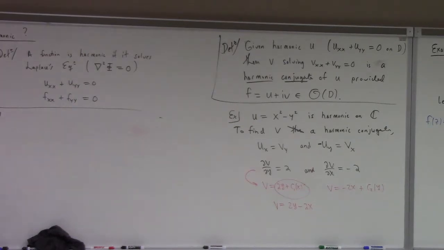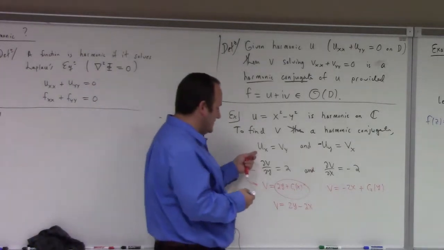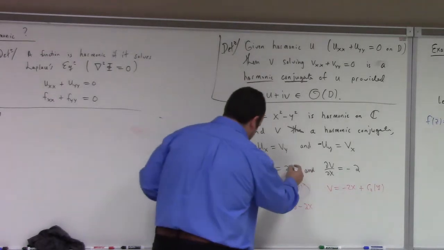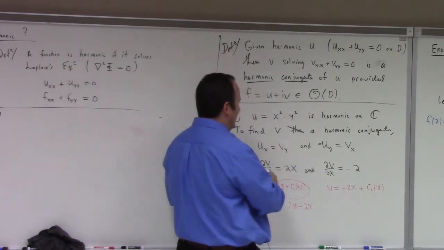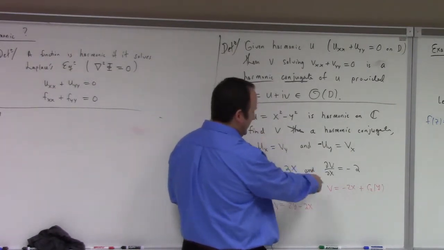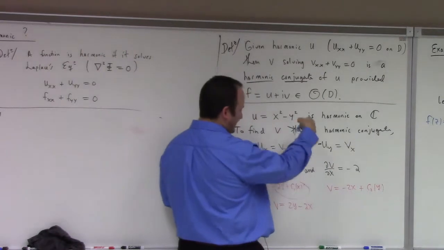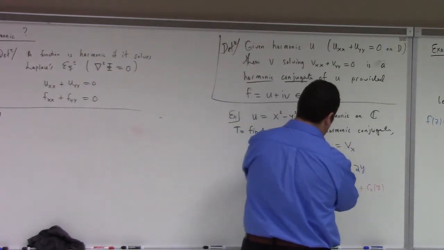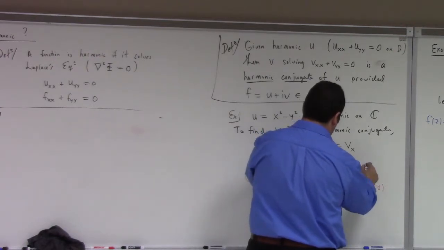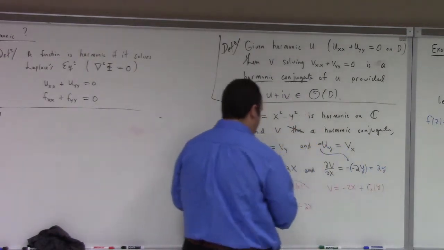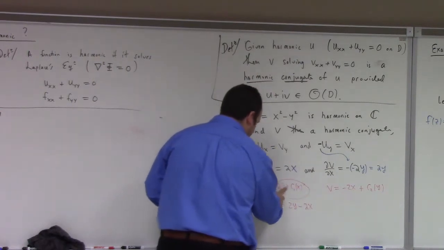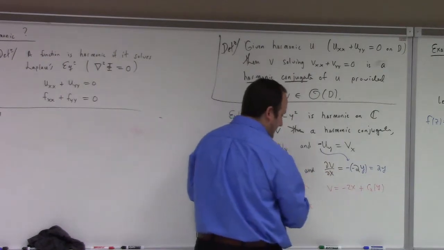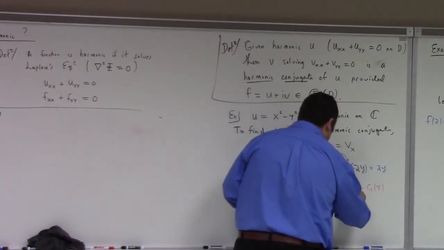No. Is that ux? No. Ux is what? 2x, yes. And uy is minus 2. So this is actually plus 2y, right? Because of the minus. So when I integrate that, I should have 2xy. And when I integrate this with respect to x, I get 2xy.